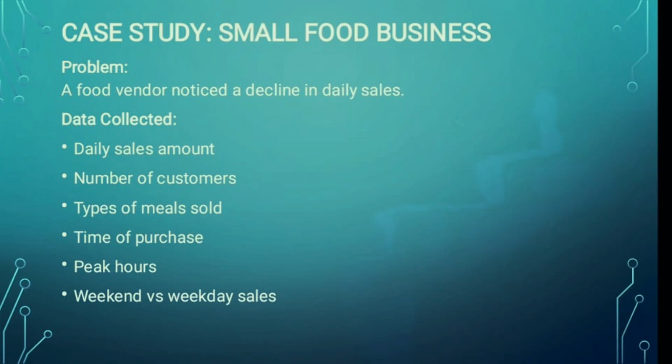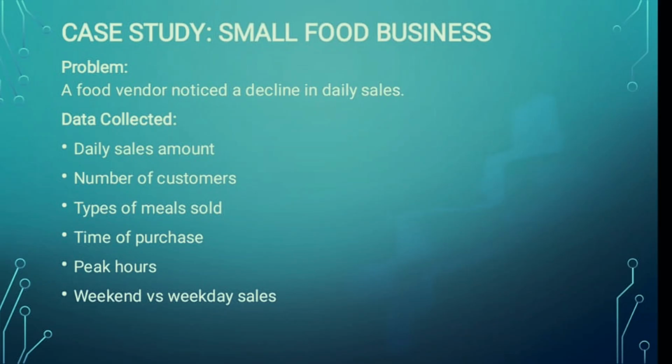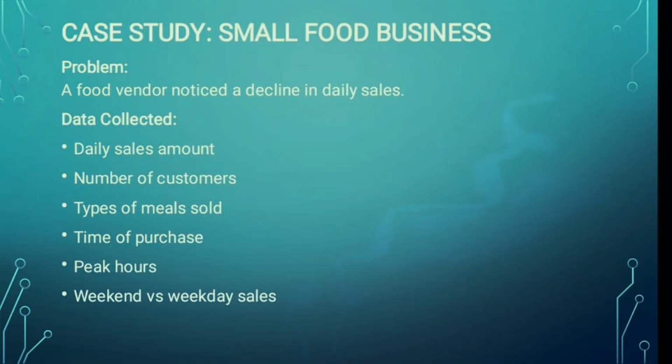For instance, a small business owner who sells food noticed a decline in her daily sales. So she reached out to a data analyst, and the data analyst collected data like the daily sales amount, the number of customers, the types of meals that she sells, the time of purchase, the peak hour, that's the time when sales go up, and the weekend versus the weekday sales.